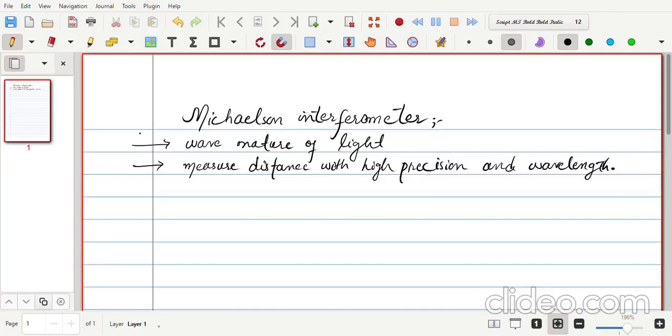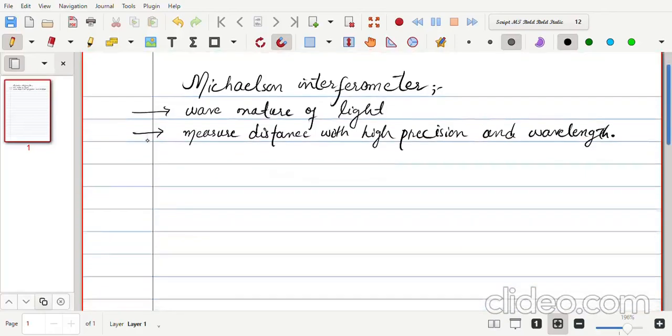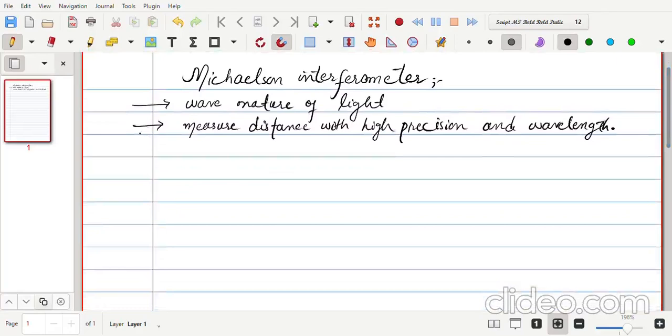The experimental setup for the Michelson interferometer is that we have a source of light, and in front of the source we have a partially reflecting mirror.